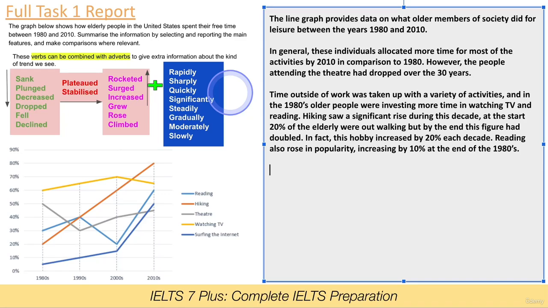So let's make a start on our next group, which is going to be the 90s and the noughties. Okay, so the 90s saw some different things happening. So we can maybe say there are several different trends in the 1990s. We can say on the other hand. What was happening?